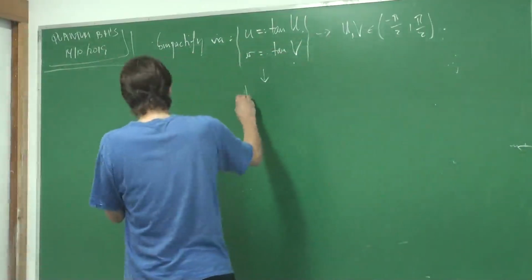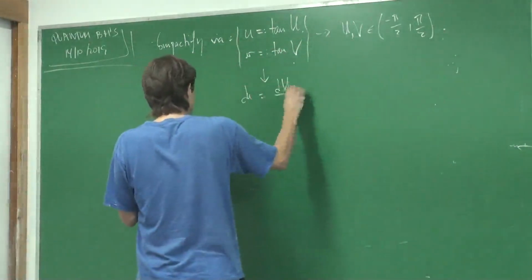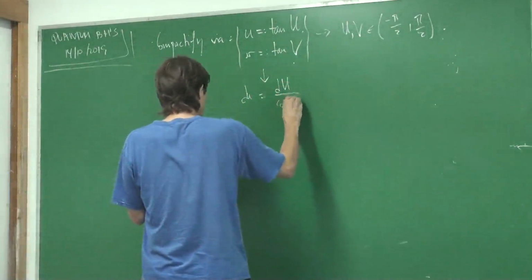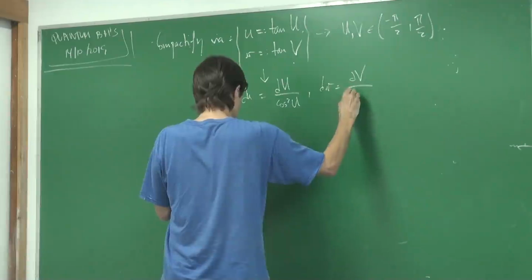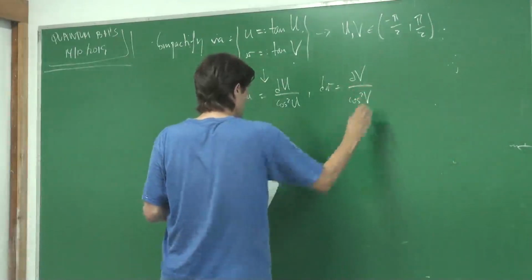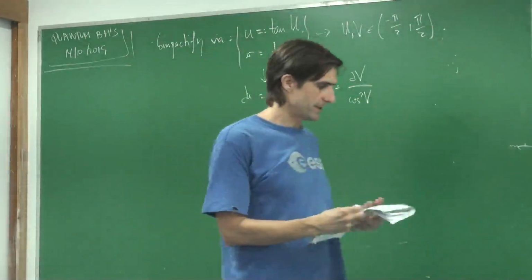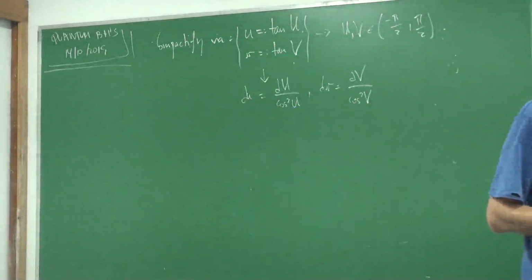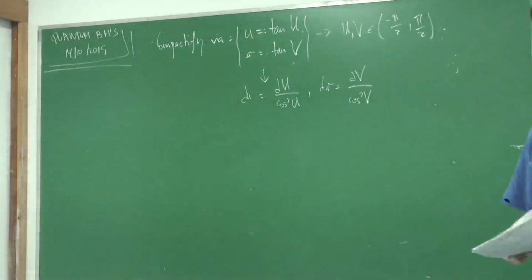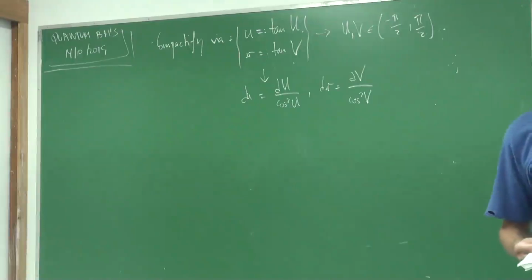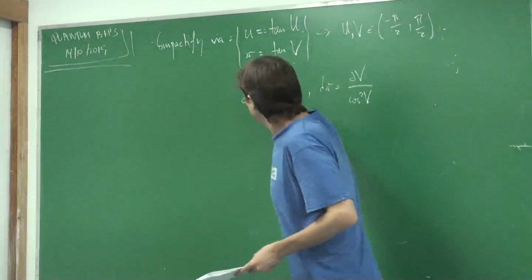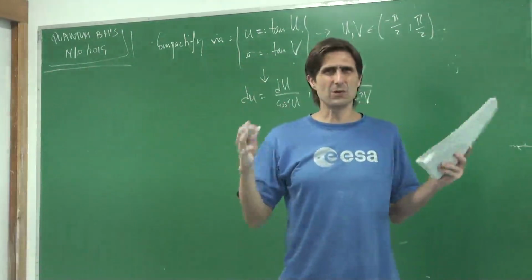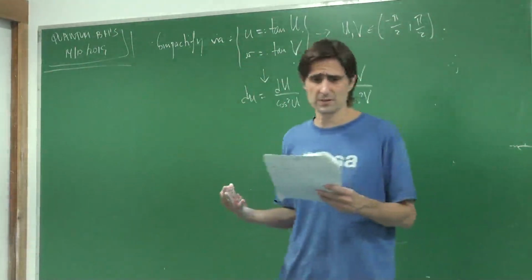And so you take the derivatives, and that's what you get. These are still null coordinates. We want to get the equivalent of this capital U and capital V in terms of Cartesian coordinates, compactified Cartesian coordinates, if you wish.